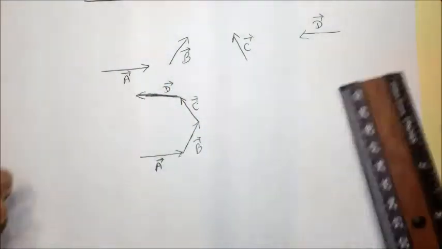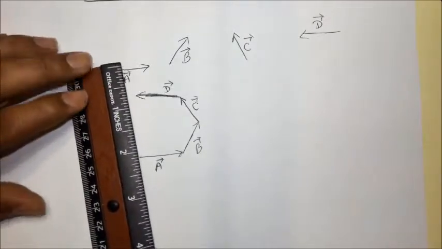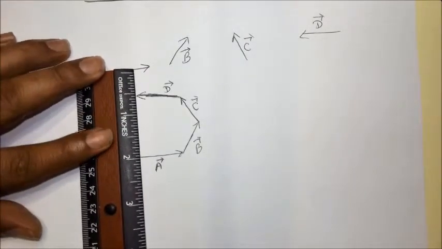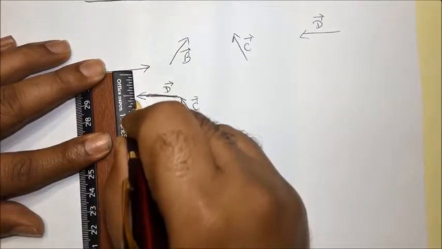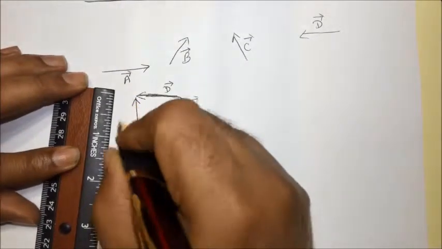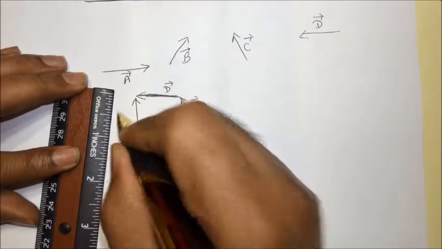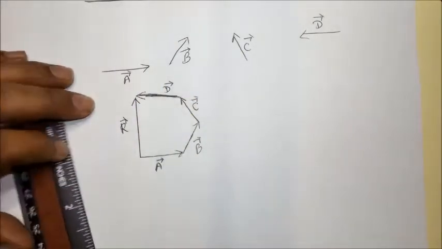Now connect the tip of the last vector to the tail of the first vector. This is going to be your resultant, R.